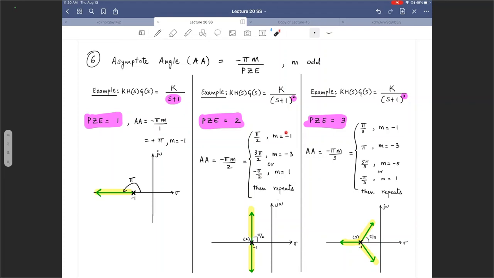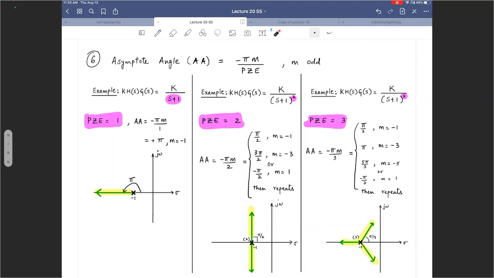As you scan through multiple odd integers for m, you will only have 2 unique asymptote angles, plus pi over 2 and -pi over 2. And that's all you need for the AA asymptote angles.